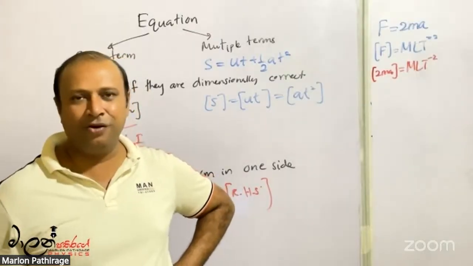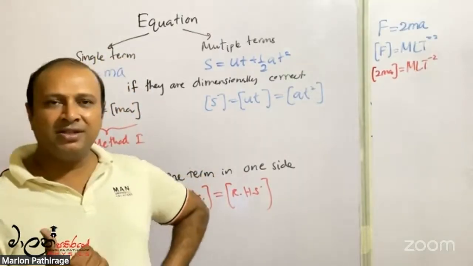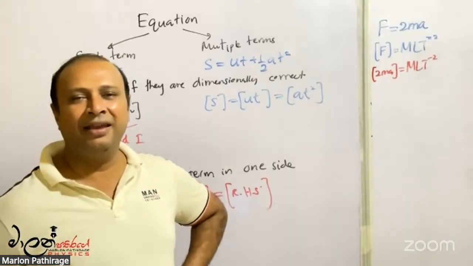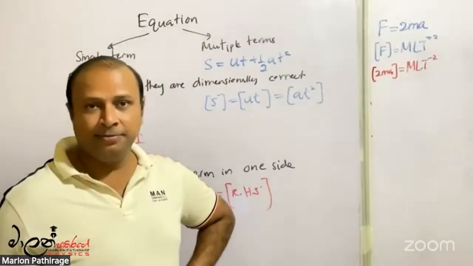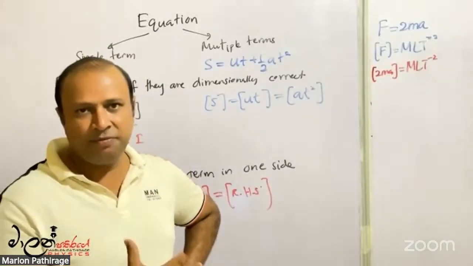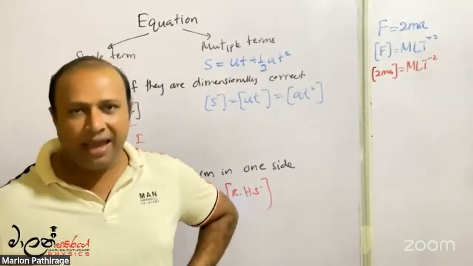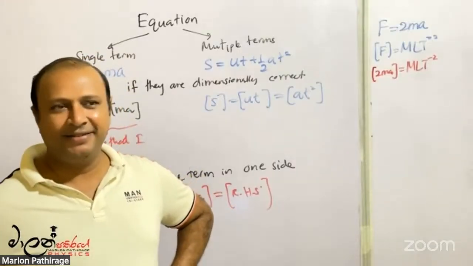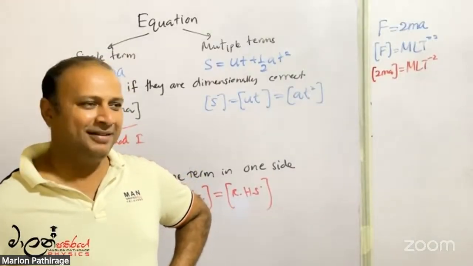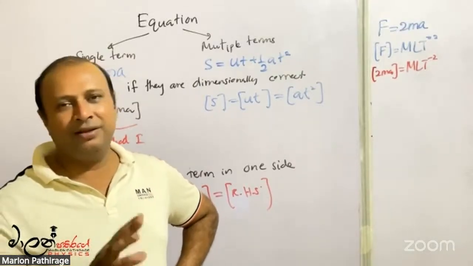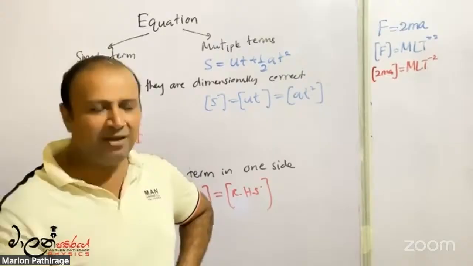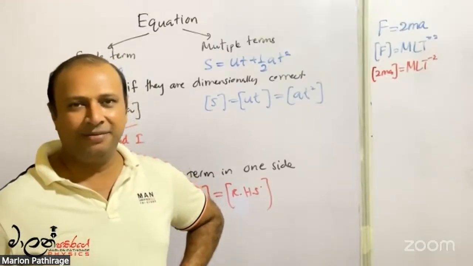If there is a dimensionally unmatching term, that means this equation is not accurate.